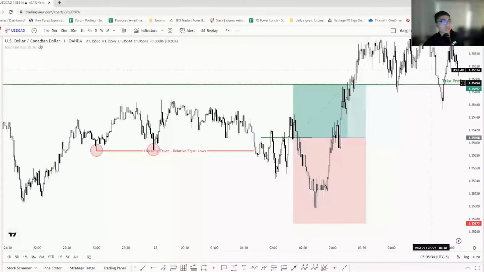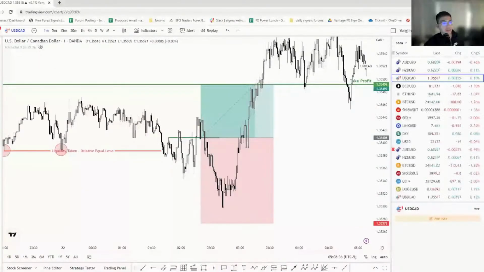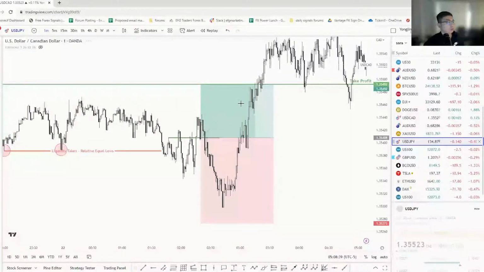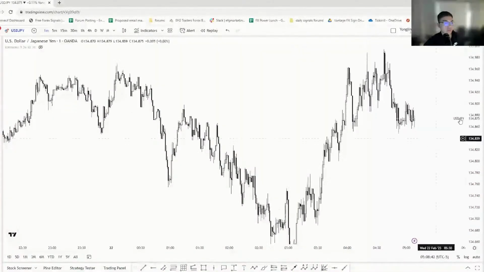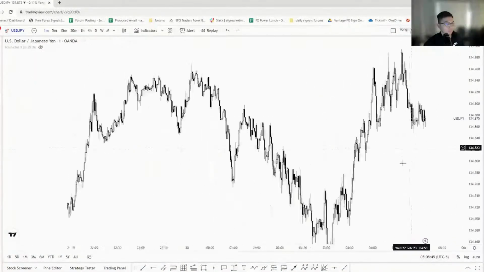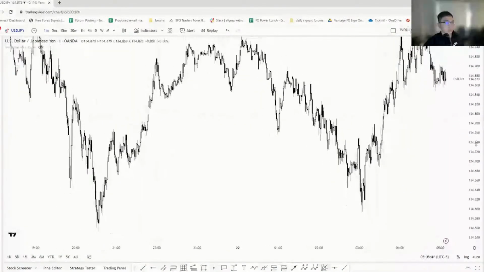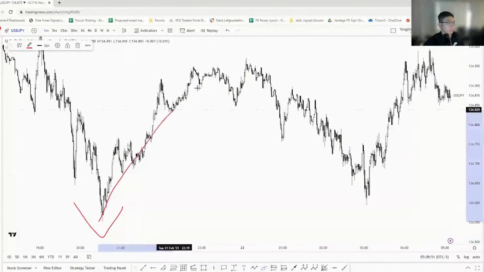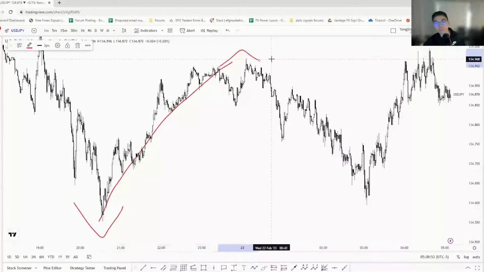Showing you another trade that I took earlier, USD JPY. If you take a look at this entire swing, it swung all the way up. Obviously when you see such a big move up, you always expect a retracement back down.